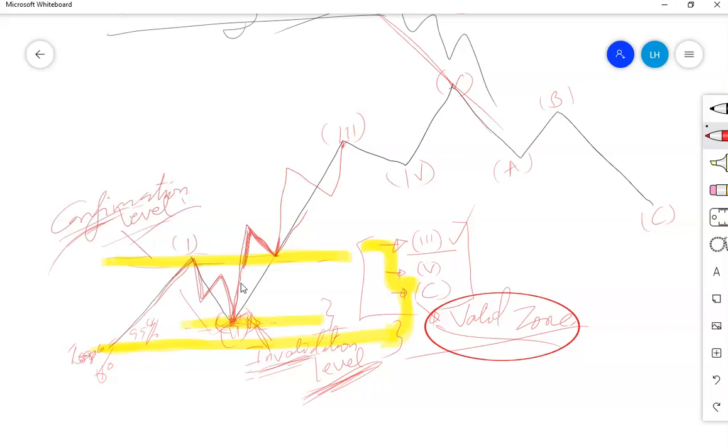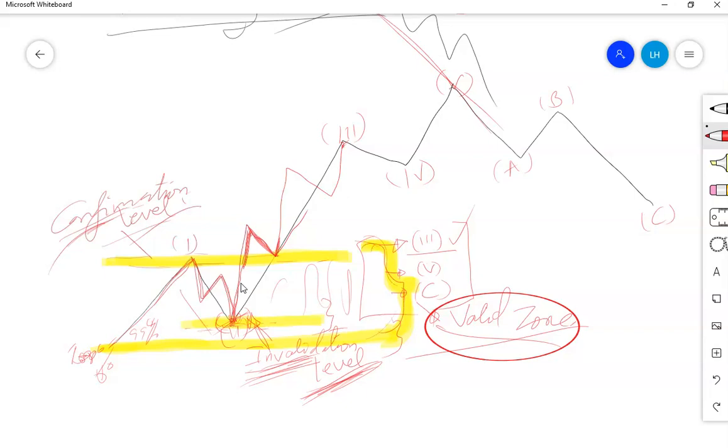But if it moves beyond the invalidation, the uptrend will be invalid. But if it keeps playing within those two levels, this is still a valid zone.